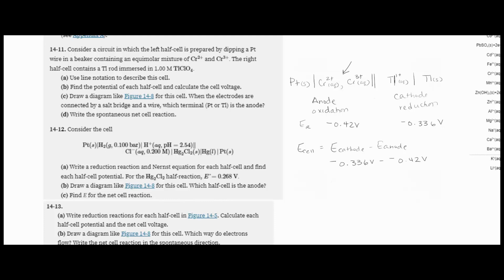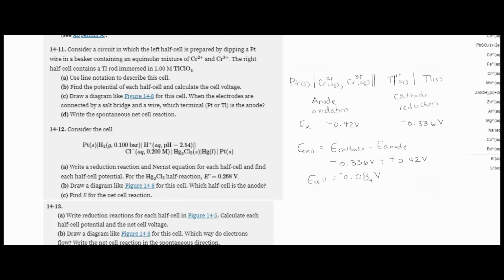So this ratio would end up being 1, and the log of 1 is 0. So it's just the reported value. And at 1 molar, this is standard conditions. So we don't have anything Nernstian to do here. So the E of the cell is just going to be 0.084, and this is positive.